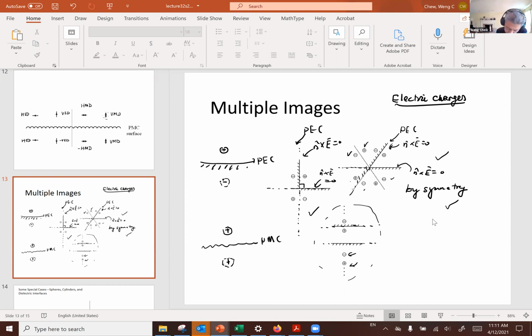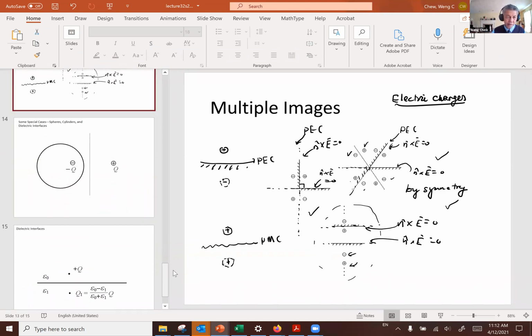Okay, and you can keep putting images up and down. You can find that finally the boundary condition is equal to 0 on both surfaces. Okay, boundary conditions will be 0 on these surfaces. Okay, so this is just a very simple use of image theory.